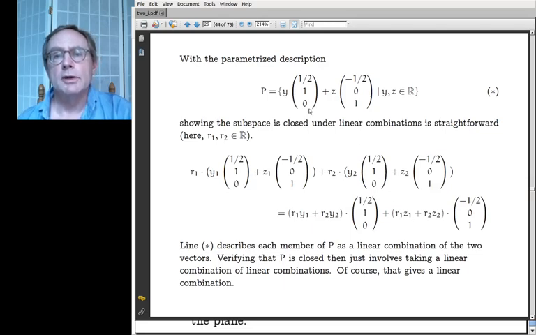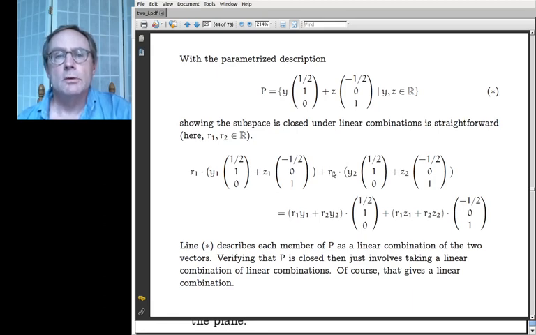This is copied from the previous slide, it didn't all fit on one slide. I want to show that a linear combination of two of these makes a third that is one of these. So here I go. Here's one of them, y1 plus z1. Here's another of them, y2 plus z2. I took a linear combination, r1 times the first, r2 times the second.